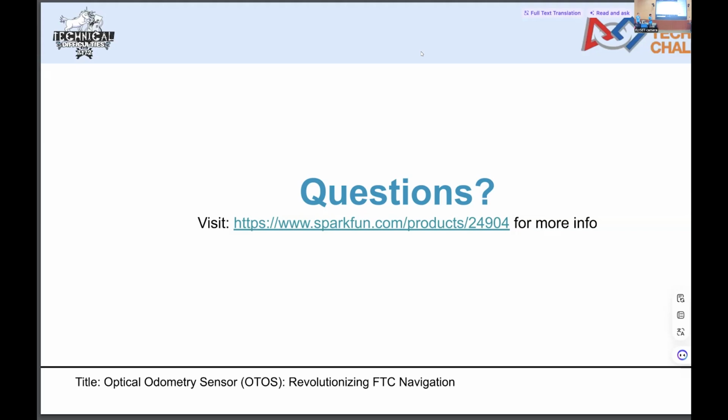Okay, nice. And do we have any questions in person? Yeah. So when you use this optical sensor, your previous experience was with the motor encoders, right? Correct. So is there any comparison between this and dead wheels, like even two parallel and even three dead wheels, and how does it compare?